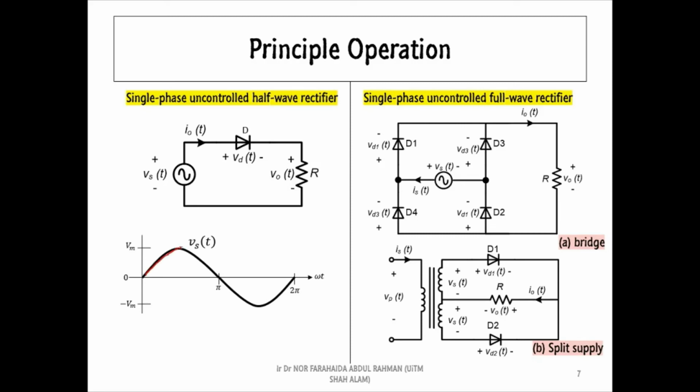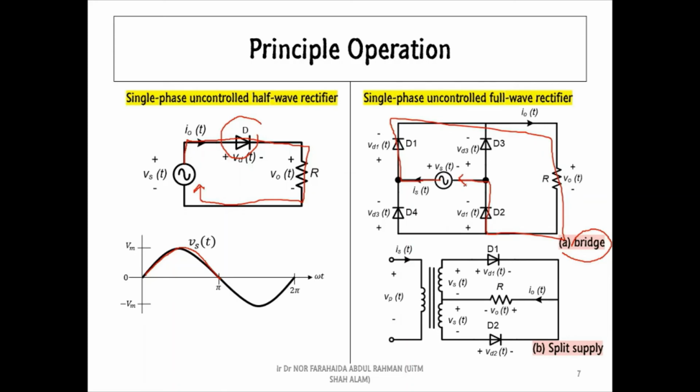During the positive half cycle, diode D in the half-wave rectifier is in forward bias. Hence, it creates a closed-loop circuit to conduct current from the source to the load. Meanwhile, in the bridge rectifier, diodes D1 and D2 are in forward bias.